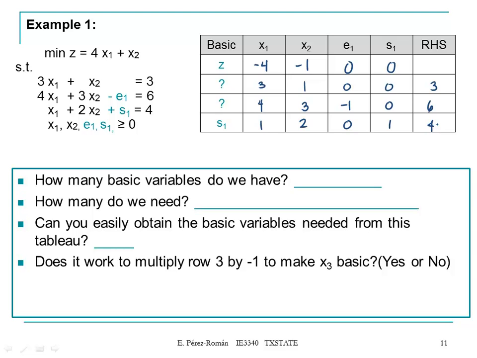From the tableau, how many basic variables can you identify? Two. Why 2?